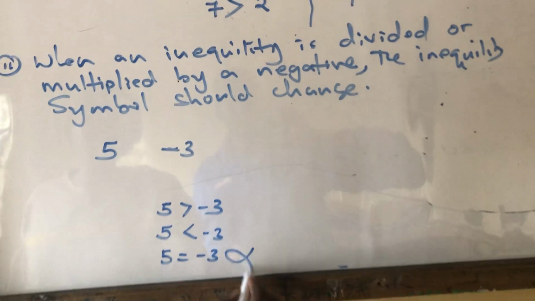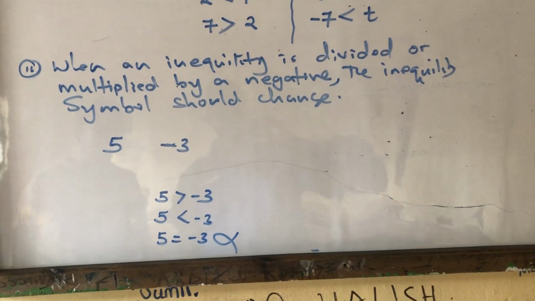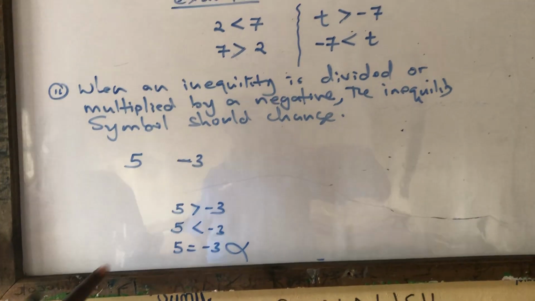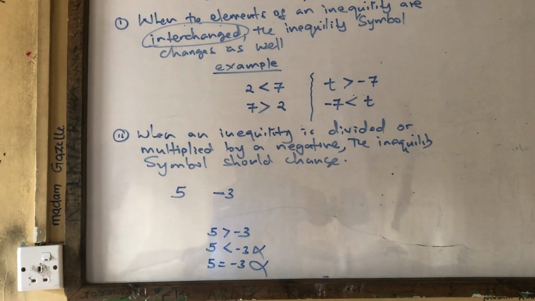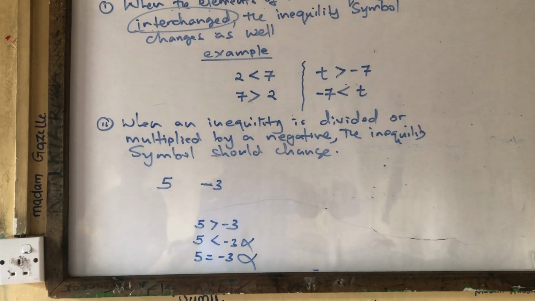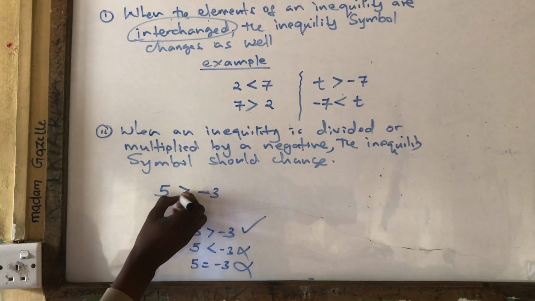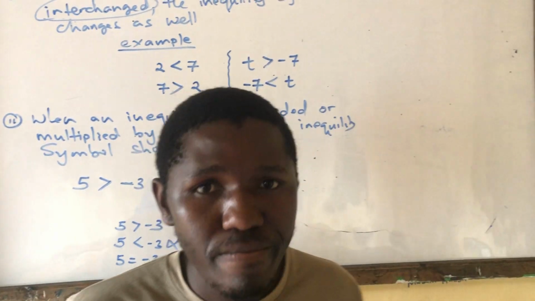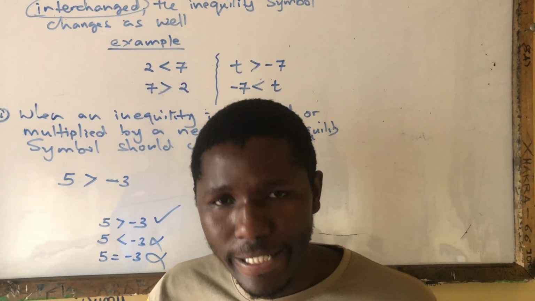This is automatically wrong because 5 will never be equal to -3. That will never happen. And 5 cannot be less than -3, which means the correct inequality symbol should be greater than. So 5 should be greater than -3. I want you to take note again.